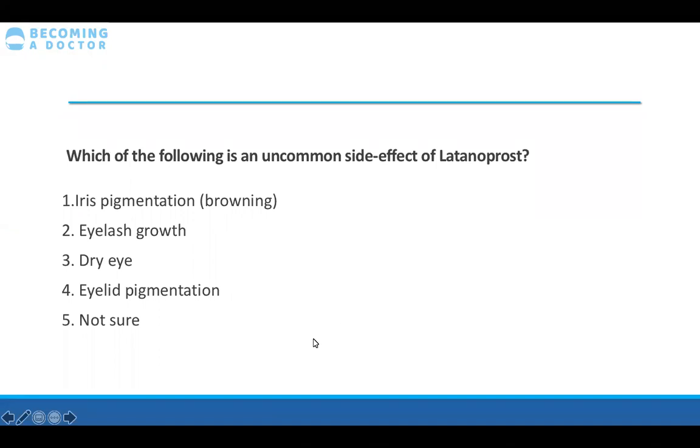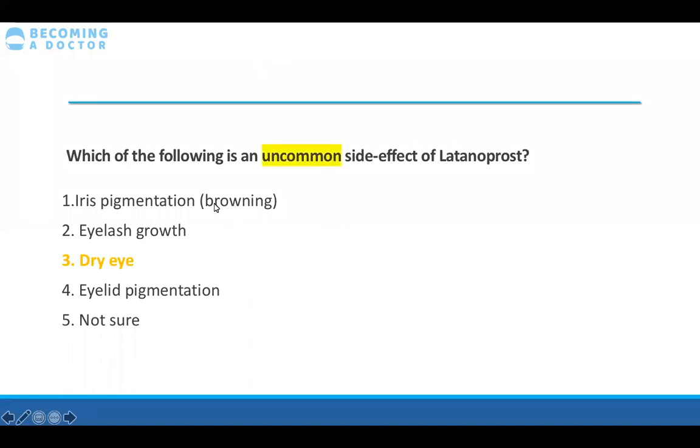Okay. So I'm sharing the results with you guys now. It seems like we're tied at eyelash growth and eyelid pigmentation. And then we have a vote each for browning, dry eye, and not sure. To be fair, when I first came across it, I wasn't sure as well. So the actual answer is dry eye.